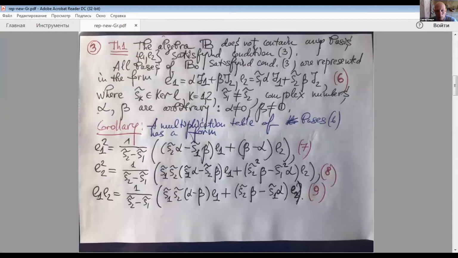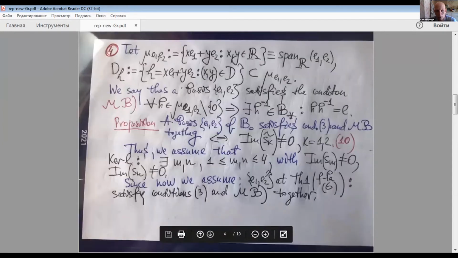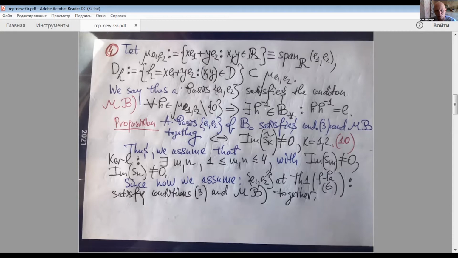And we have a simple corollary that the multiplication table of the bases 6 has the form 6, 8, and 9. Now we are ready to introduce a notion of a two-dimensional plane in order to develop a technique of monogenic functions.